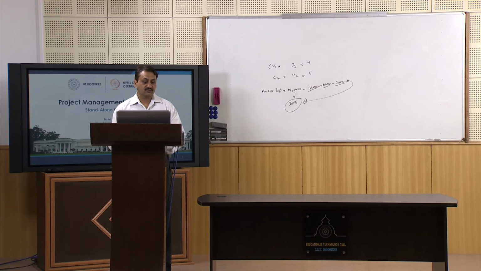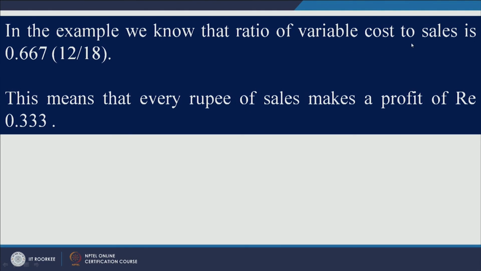There are two types of break even analysis: accounting break even analysis and financial break even analysis. When I say accounting break even analysis, I am talking only about accounting profit. Let us take an example where the ratio of variable cost to sales is 0.66. Let us say sales is 18,000 and variable cost is 12,000.